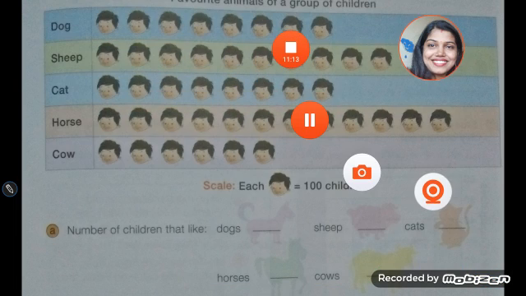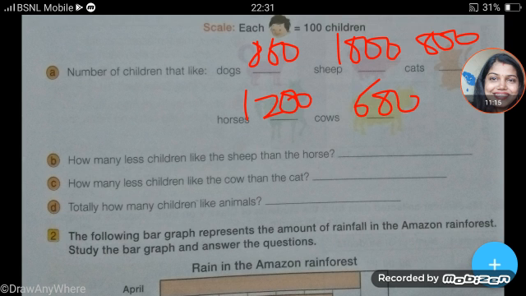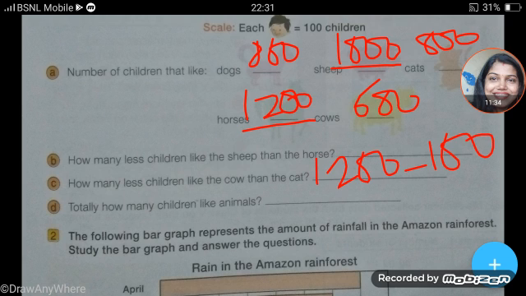Next question, if you just see children, how many less children like sheep than horse? So you have to just see that here the difference is of 200. The students who like sheep is 1000 and 1200 students like the horse. So if you just deduct, that is 1200 minus 1000, which will give you 200.